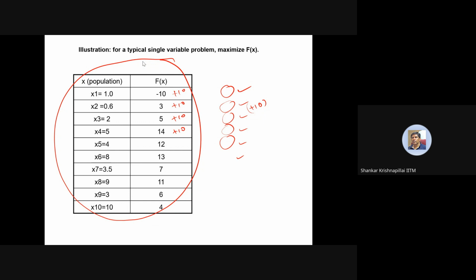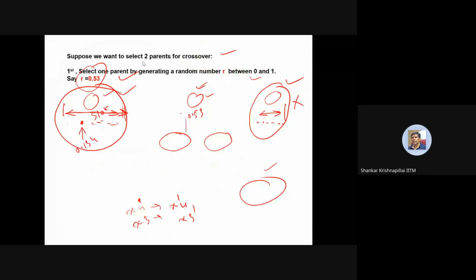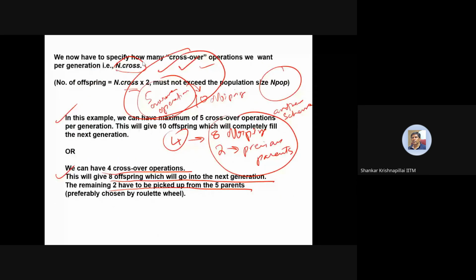Obviously, you cannot do 5 crossover operations because time is not there, but one or two sample crossover operations, and also you have to illustrate how a mutation operation is done.